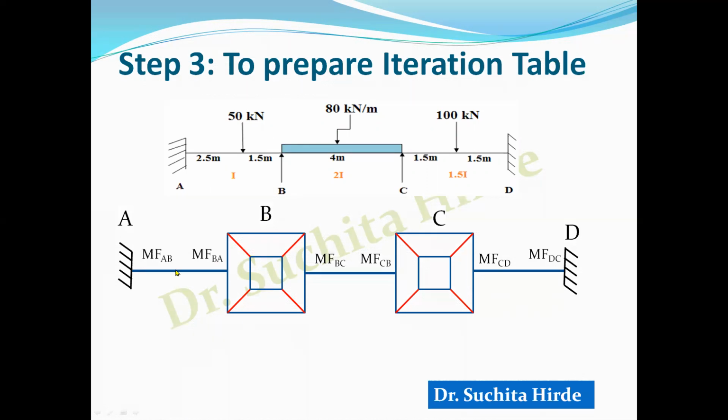In this case, there are only two members meeting at joint B, but there can be four members, so there is space to write the rotation factor of all four members. Here we will write rotation factor for BA, here for BC, for CB, and for CD. Now after writing these rotation factors, we calculate the unbalanced moment.